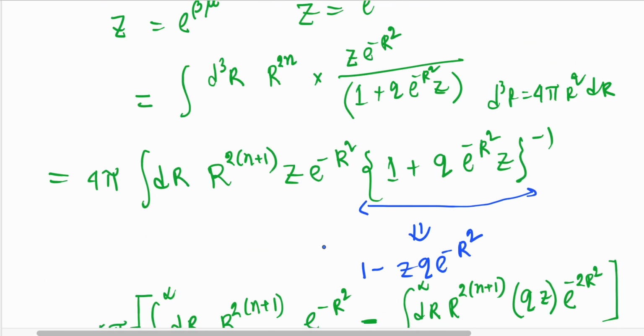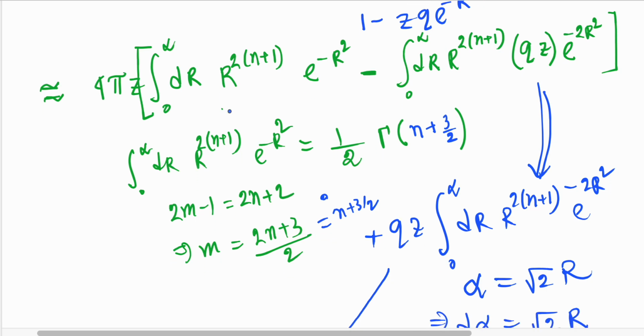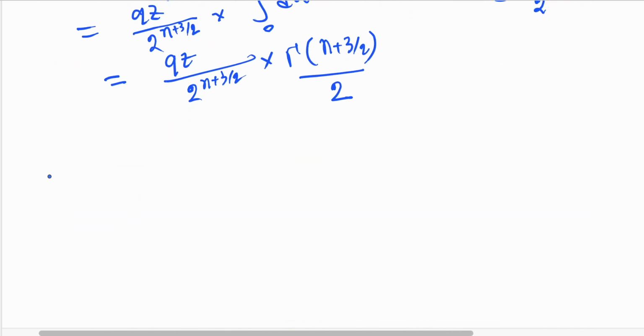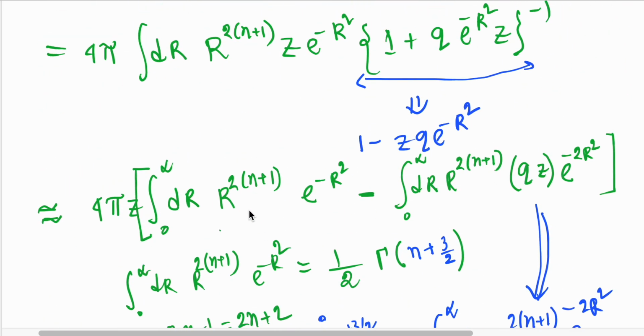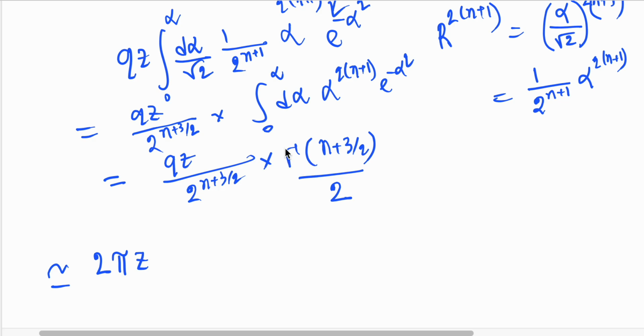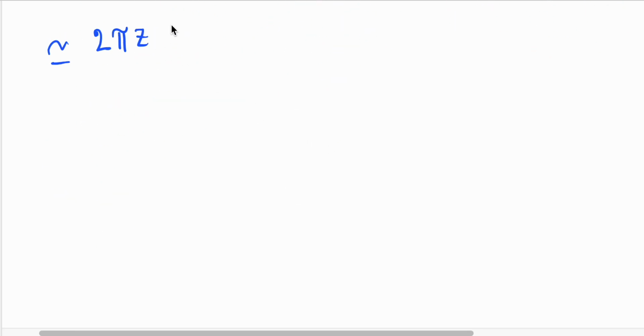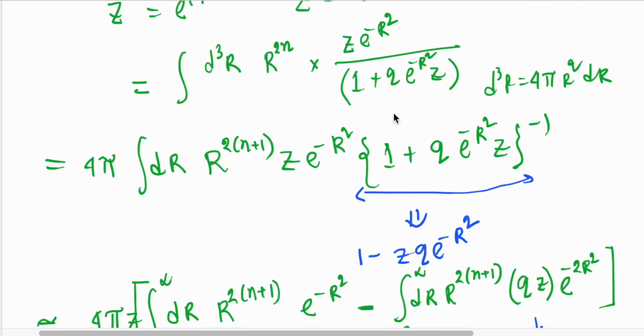Now if we put these two things here, we'll get 4 pi z, so this becomes only 2. And since these two integrations contain this gamma n plus 3 by 2, we can take it common, gamma n plus 3 by 2.